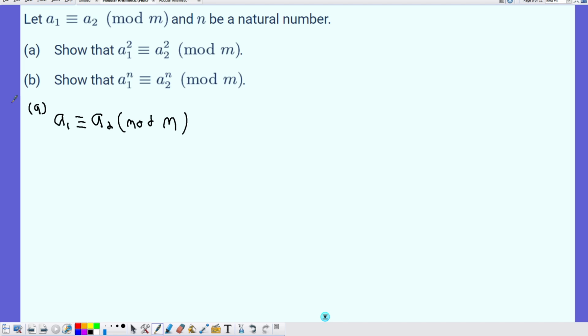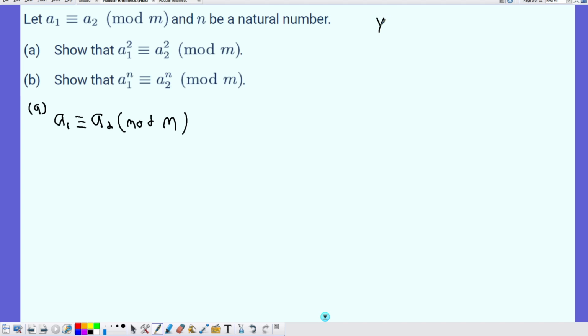Now, something that we had just learned about is that multiplication holds under the modular system. So, for instance, the multiplication property goes like this. If a1 is congruent to... I should actually use different letters here.